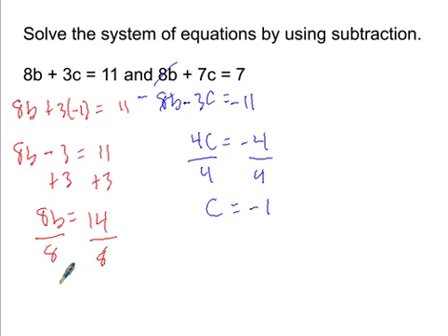Divide by 8, so b is 1.75. Okay, so ordered pairs in this case, since we don't have any information about what they represent as far as independent or dependent variables, we just put them in alphabetical order for the ordered pair. So 1.75, comma, negative 1.